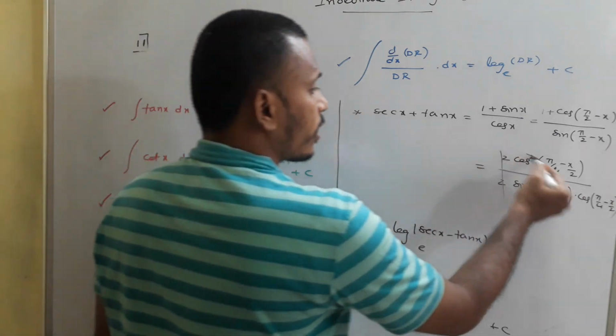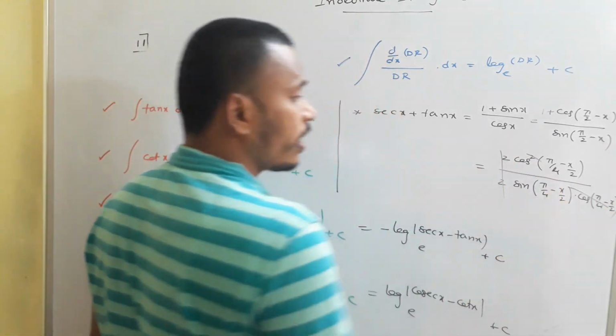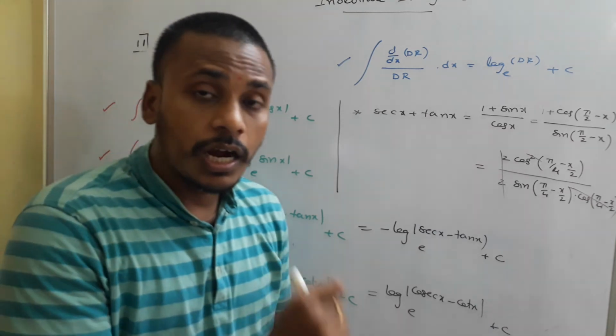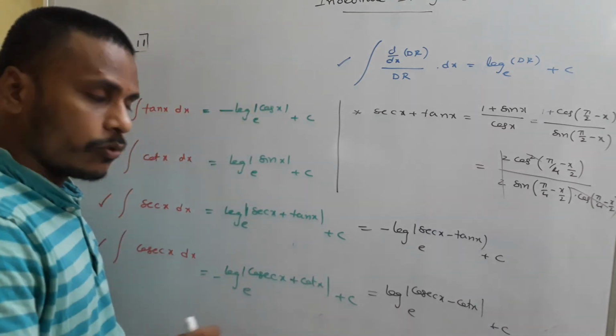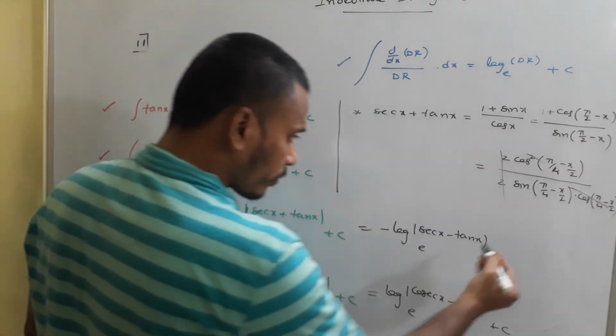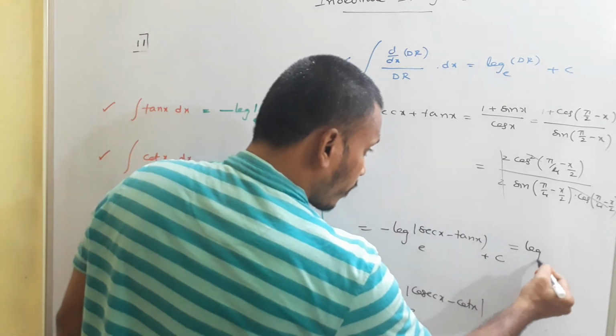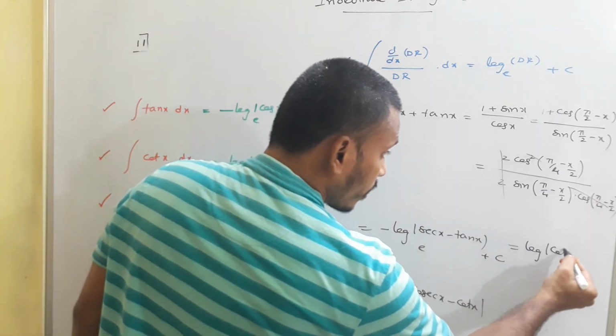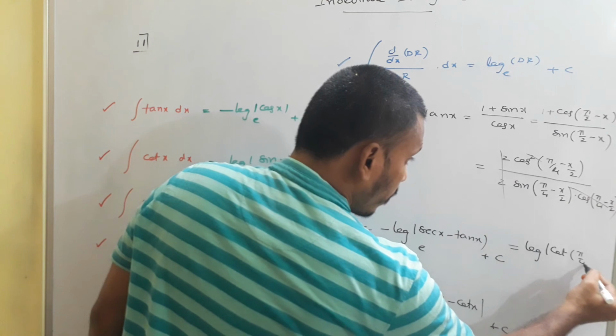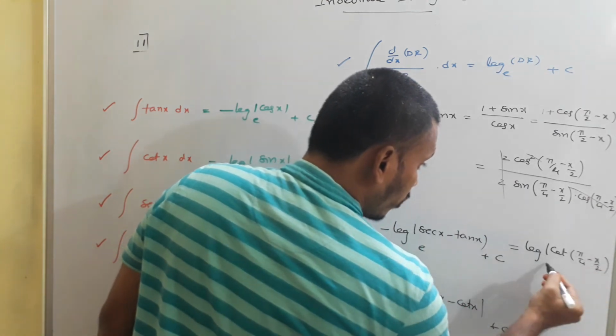And 2 gets cancelled, cos gets cancelled, you will be left with cos by sin, which is what? Cot of pi by 4 minus x by 2. So this is again equivalent to logarithm of cot of pi by 4 minus x by 2 base e.